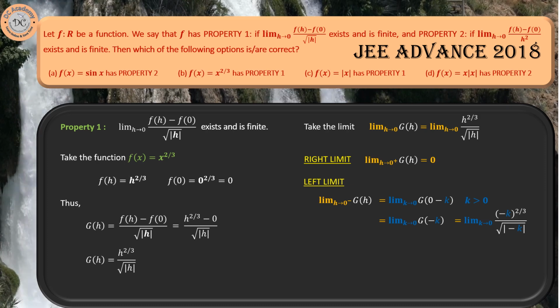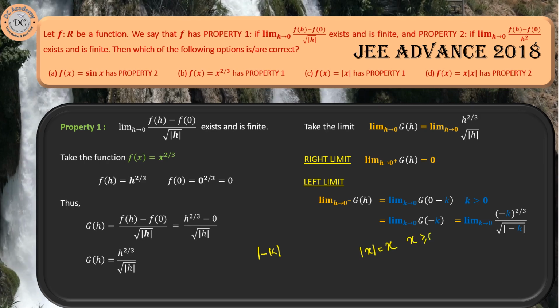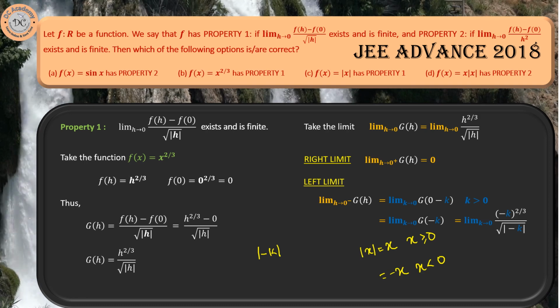Now, first we understand this mod of minus k concept. So what is the definition of mod x? Mod x is equal to x when x is greater than or equal to 0, and minus x when x is less than 0. So here it will be minus k with the property that minus k is less than 0.